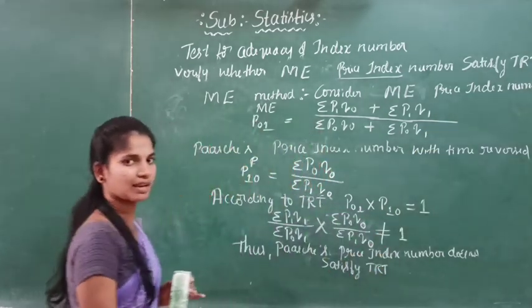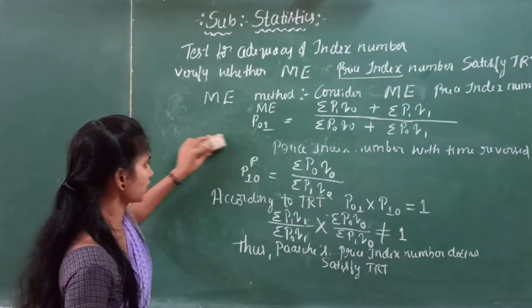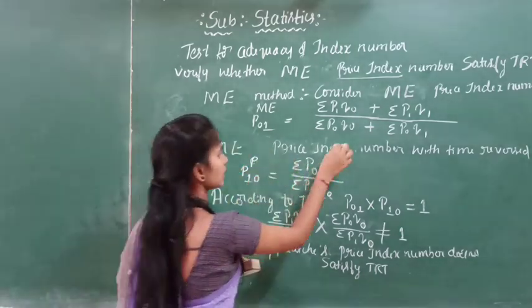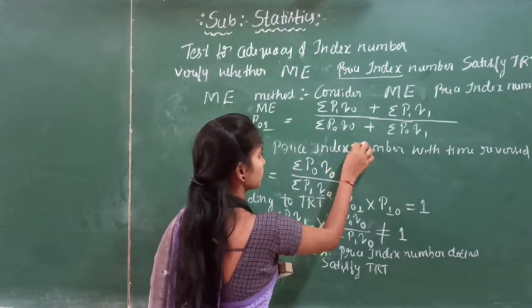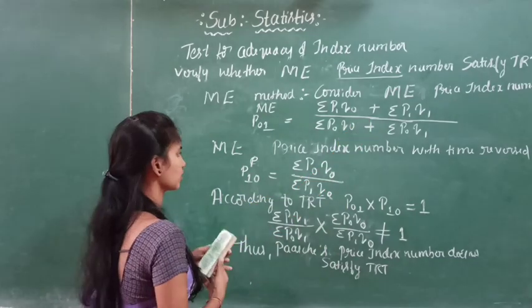This is the formula for calculating the Marshall-Edgeworth price index number. Then next step, the Marshall-Edgeworth price index number with time reversed, that means reversing the years.